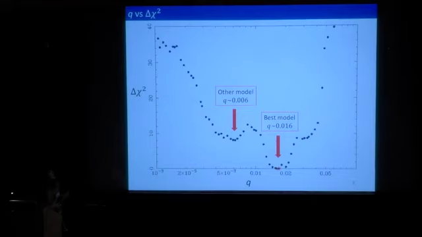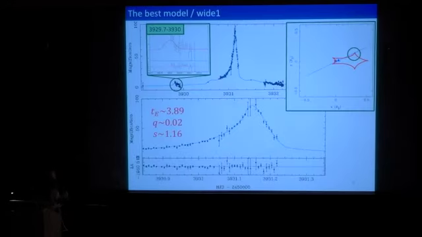Here is the relation between the mass ratio and delta chi-square. We find two competing models as for the mass ratio. Next, we'd like to look at these competing models in detail. Here is the light curve and caustic of the best model, the wide 1 model.